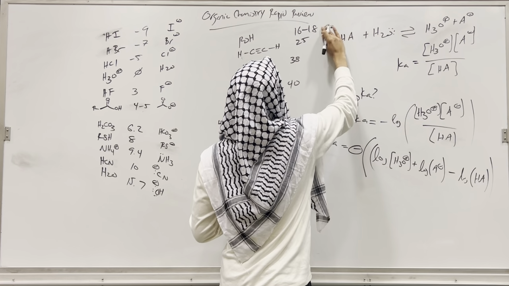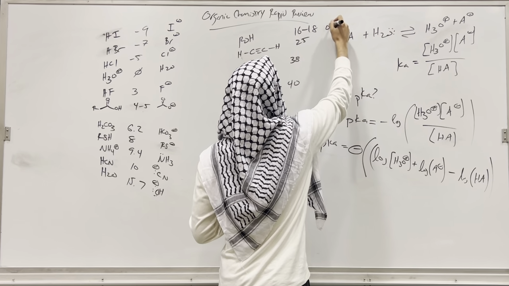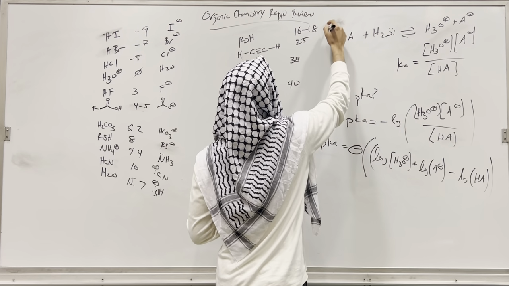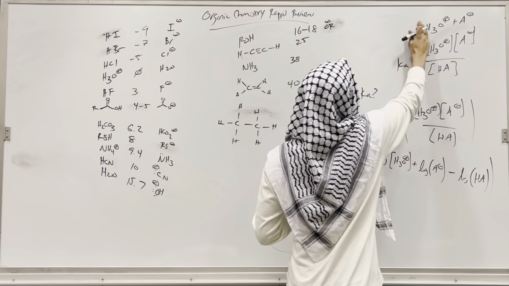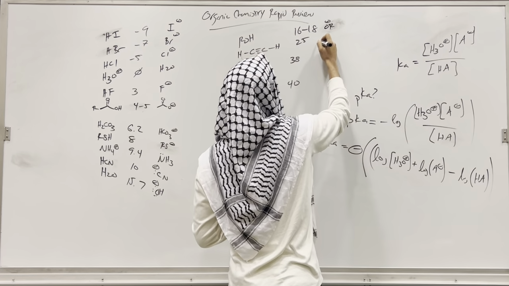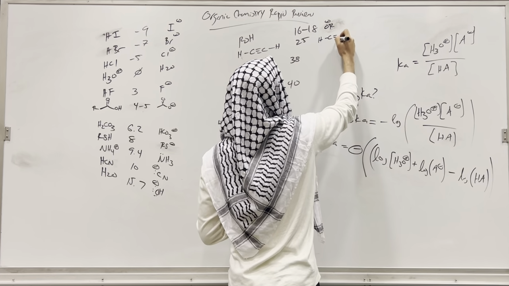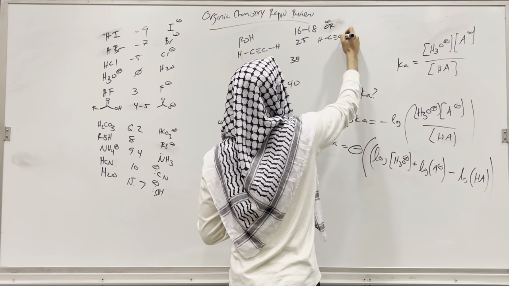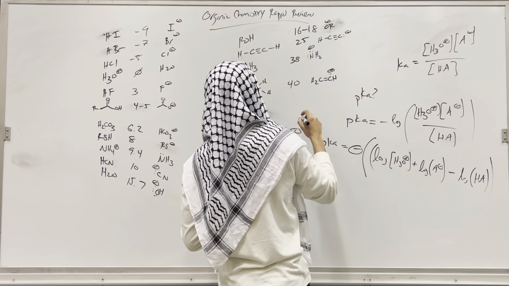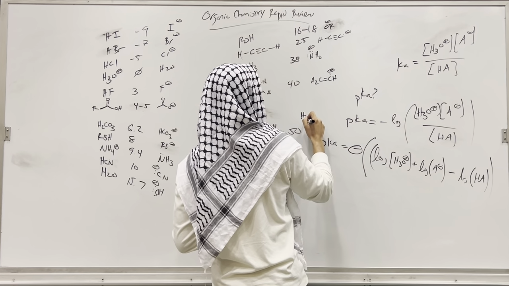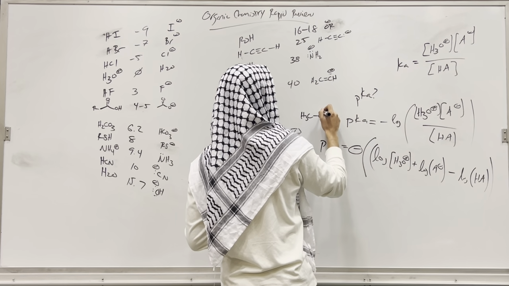Also, oh no, not also OH minus, OR minus, or RO minus, right? And then this is the acetylide anion. Amide, potassium amide, sodium amide, right? Then that, and then that.